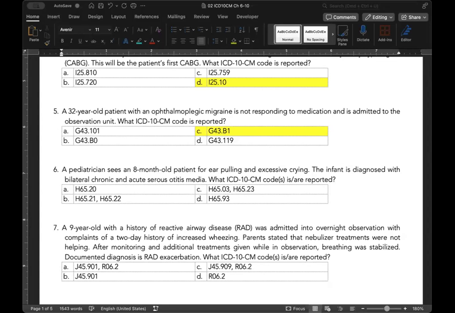I know it's a weird word. It is a weird word for sure. So we're going to go otitis, media, non-suppurative, and then acute. Underneath acute, we still need to go to serous, right? And that gives us what code?